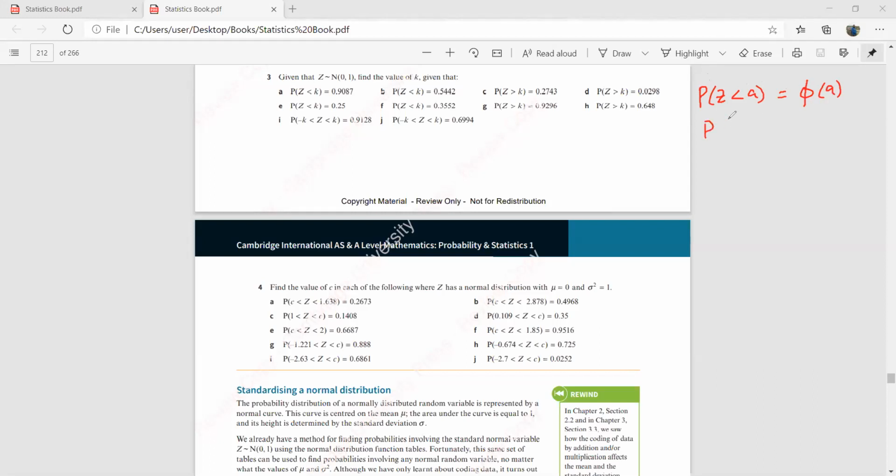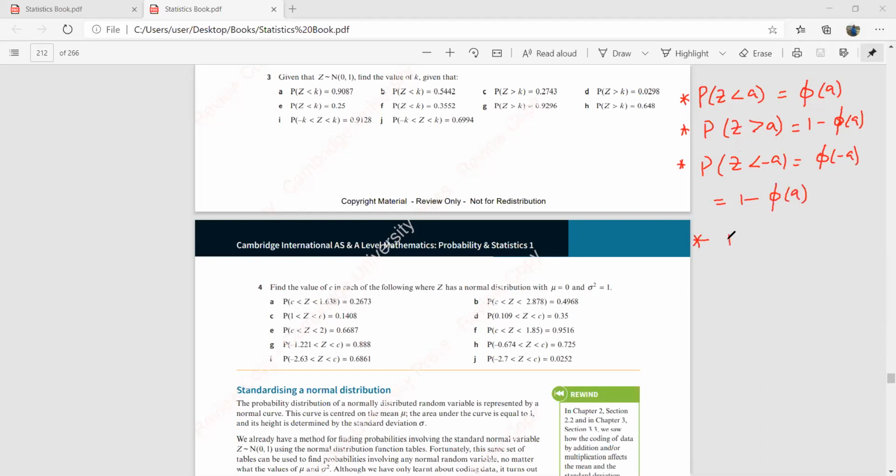When you had probability Z is greater than a, this was taken as 1 minus phi of a. Then if Z is less than minus a, that was phi of minus a, which was equal to 1 minus phi of a.